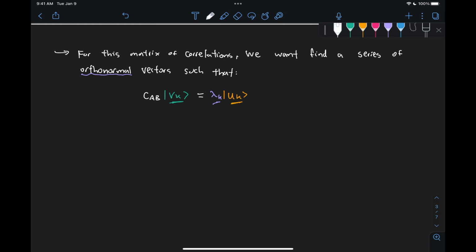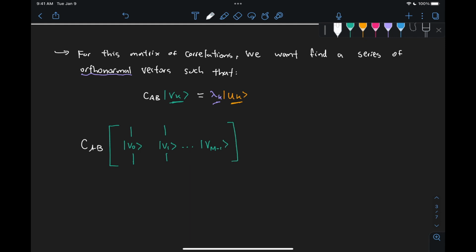And if we're going to have a series of vectors, maybe we can represent them in matrix form. So we can take this CAB and multiply by a matrix which is composed of all these different state vectors in the space of subsystem B. So let's call it V0. And this ket is a column vector, right? So this first element in the matrix is the first column of the matrix, and then some V1, which is the second column, all the way to V sub m-1, right?